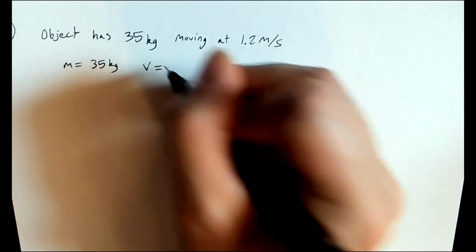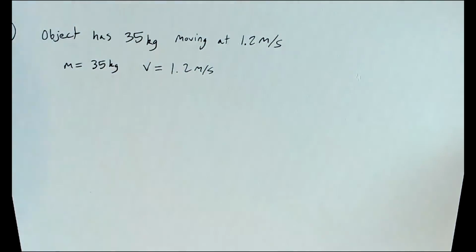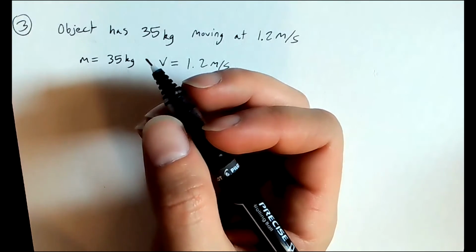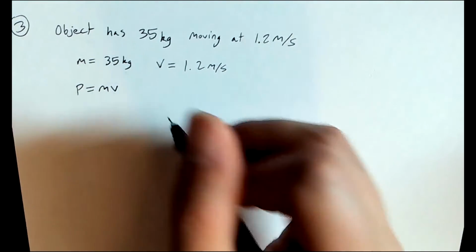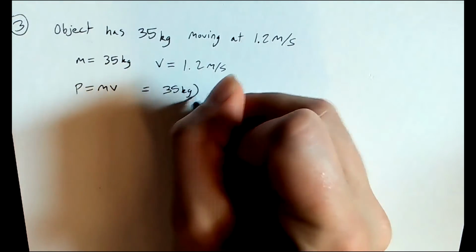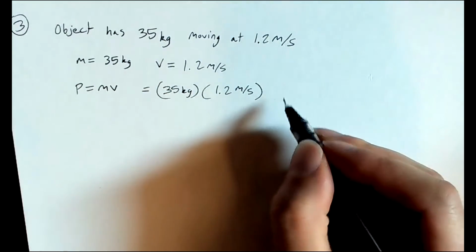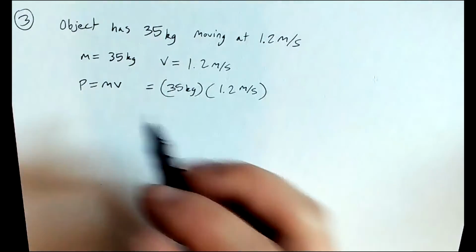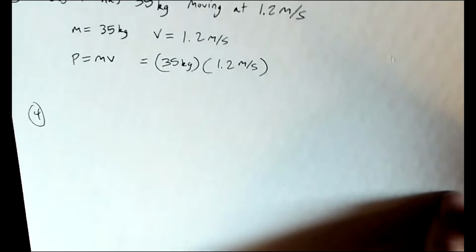We have the velocity, v equals 1.2 meters per second. And we are asked for the momentum. P equals m times v. We have m and v. So you just multiply 35 kilograms times 1.2 meters per second. I'll let you calculate that, but not too hard.